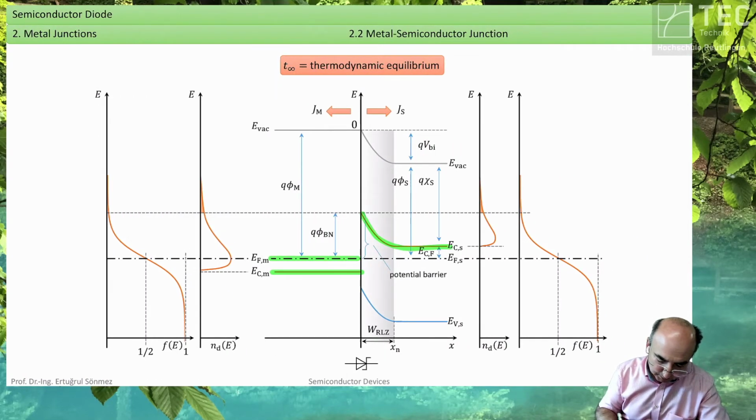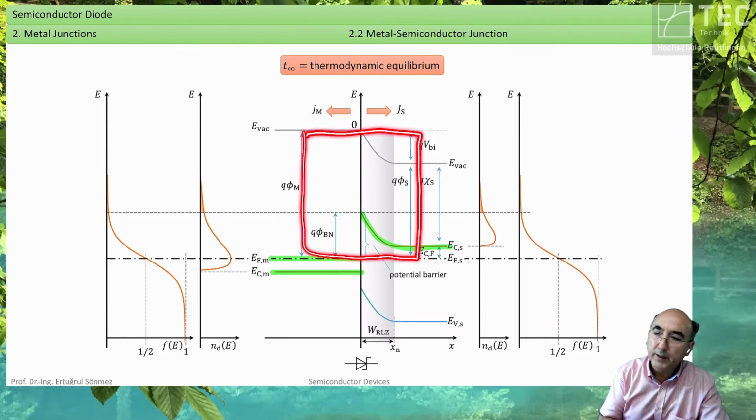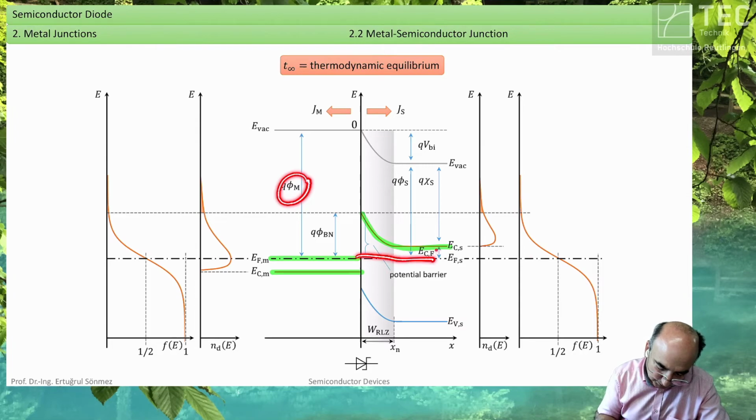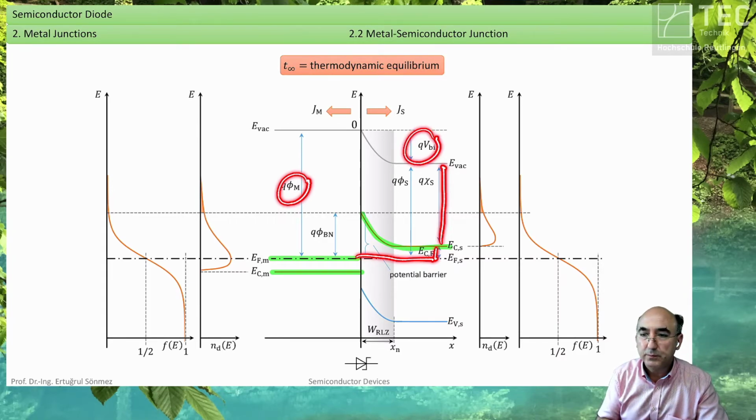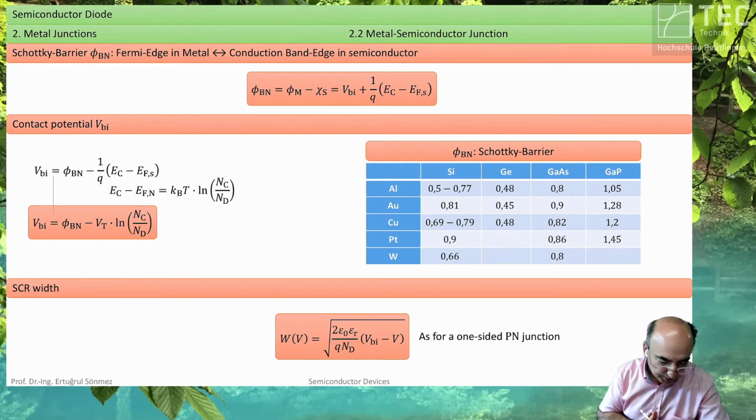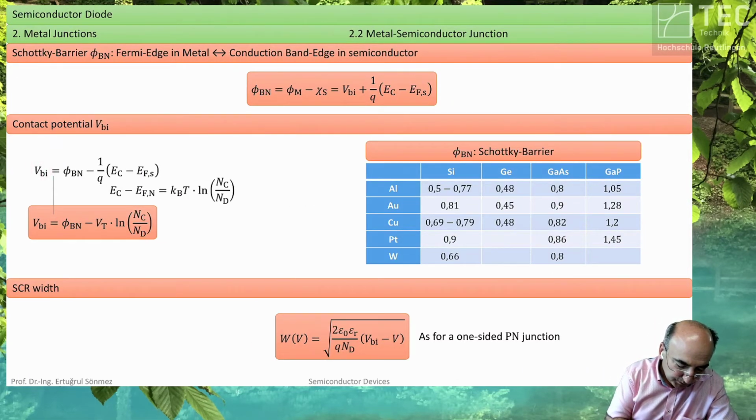Now let's take a look, like in electrical engineering first semester. The sum of the voltages is zero, and that applies here also. The work function here plus the doping level plus the electron affinity is the built-in voltage. And this information is used here. The Schottky barrier is defined here, and the built-in voltage is defined based on the Schottky barrier.